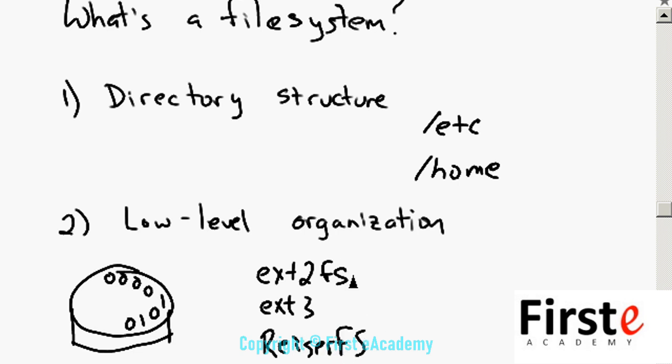All these file systems can maintain the same directory structure, but what they do differently is they use different low-level data structures to interpret the bits on the disk, if you will. I'm going to use the term file system to refer to both of these, and I'll just make it clear from my discussion whether I'm talking about a directory structure or the low-level organization of the disk.